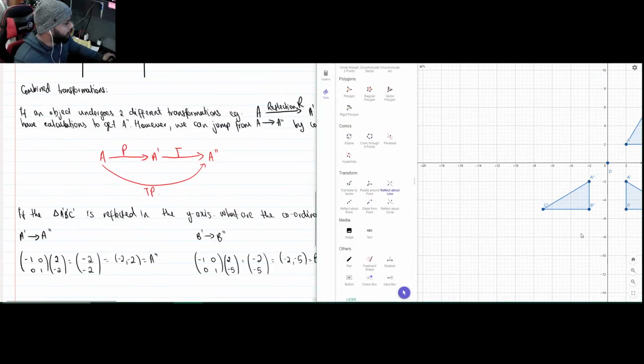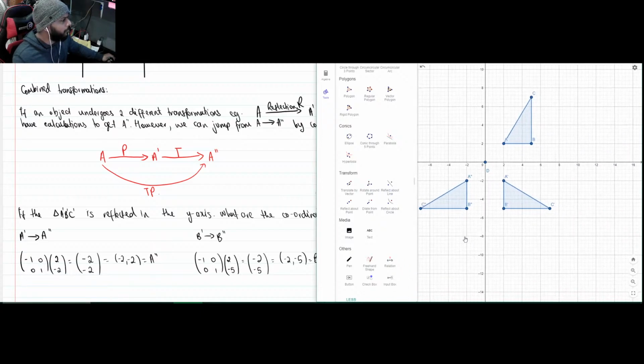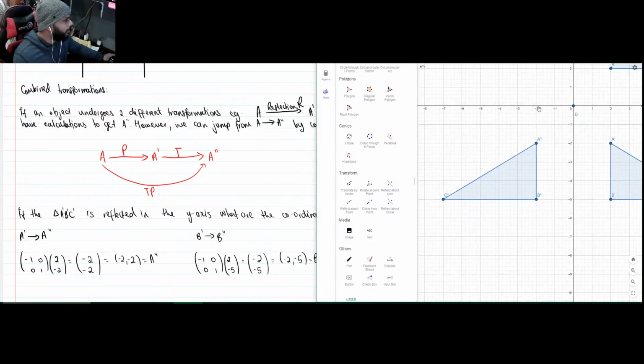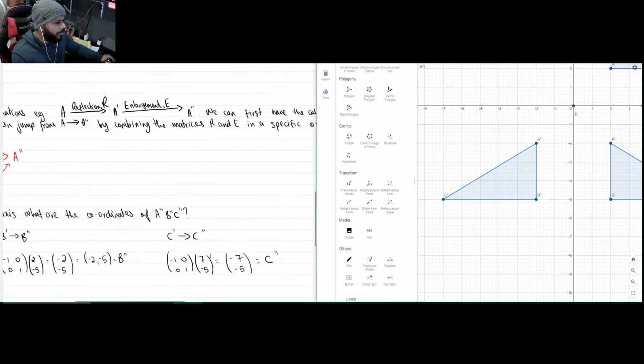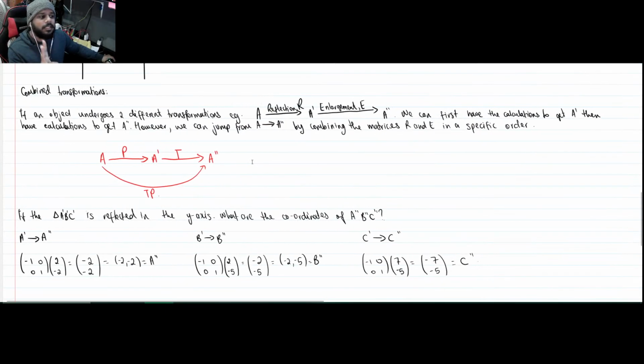A double prime is 2, -2. B double prime is -2, -5. And C double prime is -7, -5. So by doing two sets of calculations, I obtained the coordinates of A double prime, B double prime, C double prime.